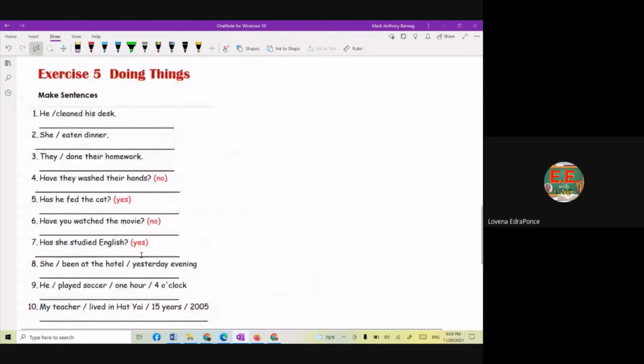Okay, so this one use the A, B, C, D. Use A plus B plus C plus D. Okay, so for example, he has already cleaned his desk. This one is A, B, C, and your D.